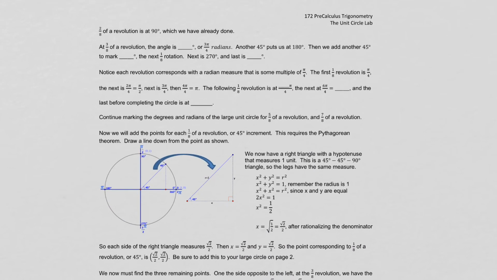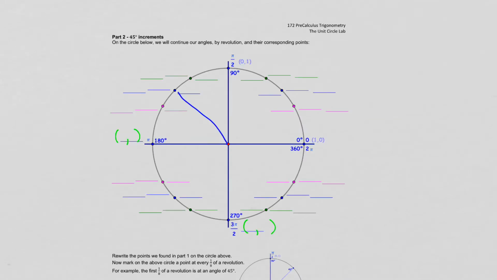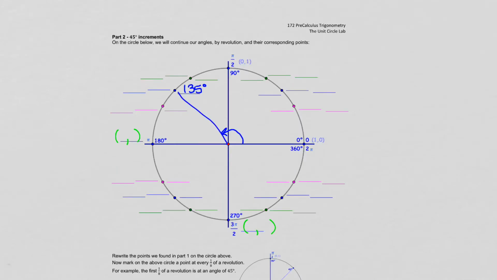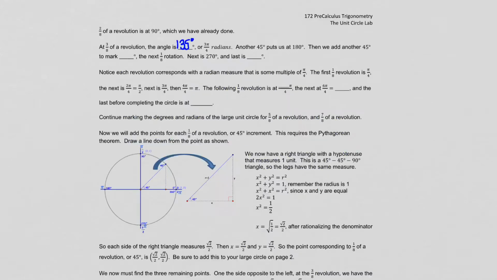At 3/8 of a revolution, the angle is, I'll go ahead and do this one for you. We've got 45, 90, 135 degrees. So you're going to write that in here and over here. And it tells you that is also 3 pi over 4 radians. So we're going to write that right there. Another 45 puts us at 180.